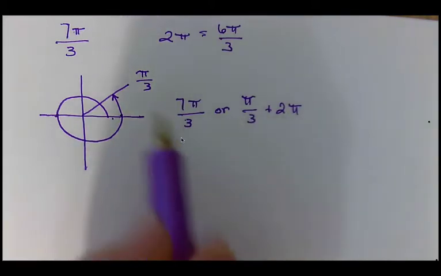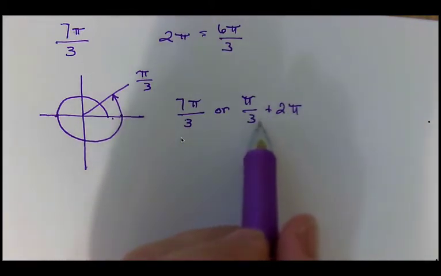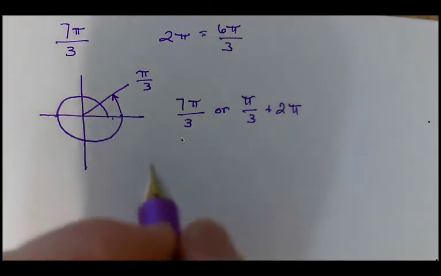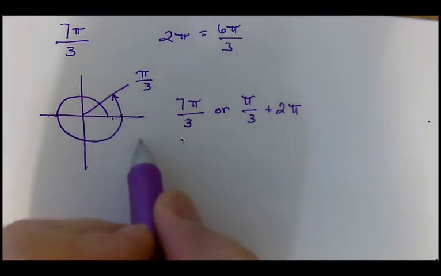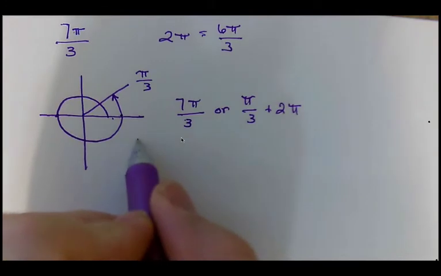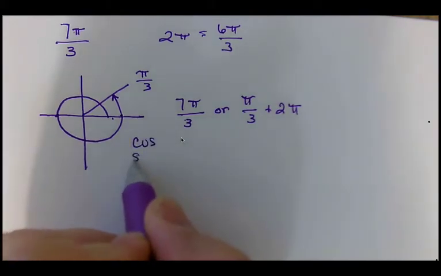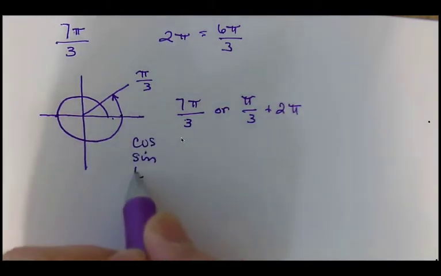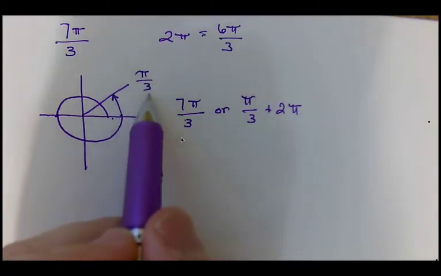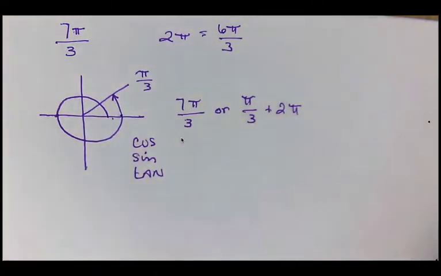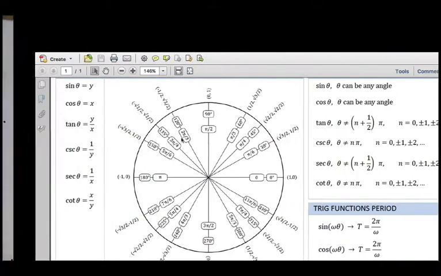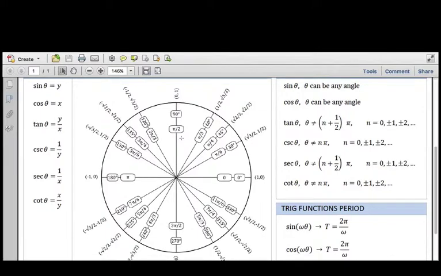Once I do that, I can now solve my different trig functions, correct? Because I can solve for cosine, sine, tangent, because what is pi over 3? And if you don't remember what pi over 3 is, it's okay. You can go to your unit circle here.